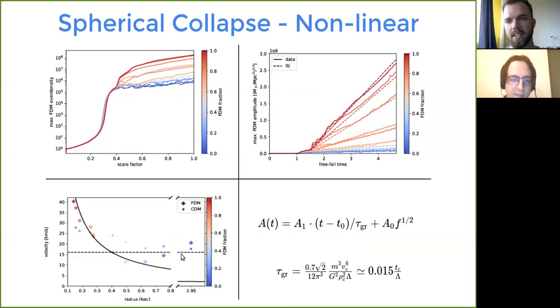So what we see here, interestingly, is that if there's no soliton forming, so that's the blue symbols here, that's very little fuzzy dark matter, then the typical velocities in the center of the halo are very close to the virial velocity again, something that we expect.